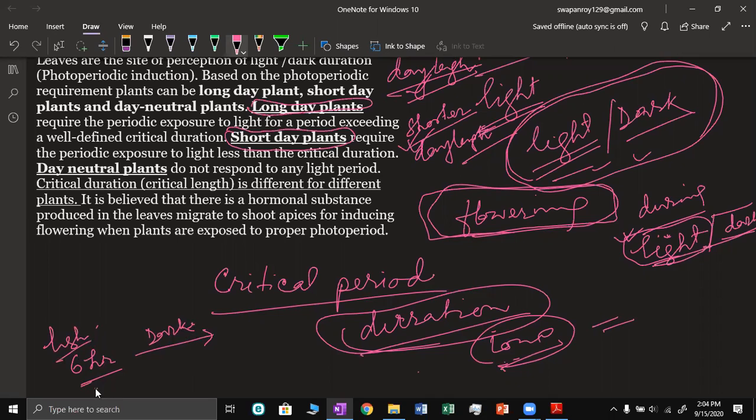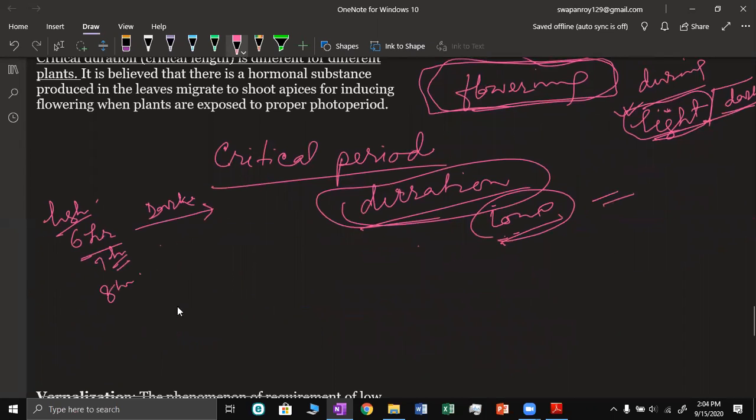In 7 hours it also flowers, given 8 hours it flowers, but it may happen that if it is given 9 hours of light then it will not flower. So 9 hours is the limit, or a little below this; above this, if day length is given, the plant will not flower.